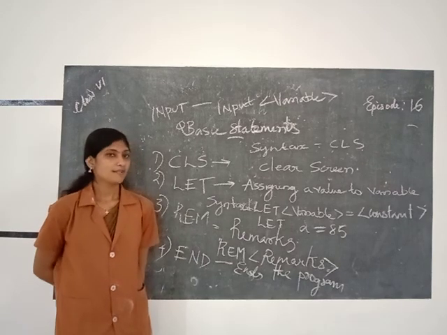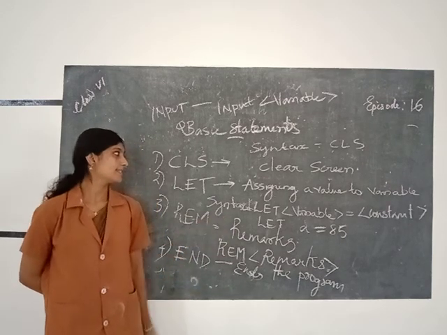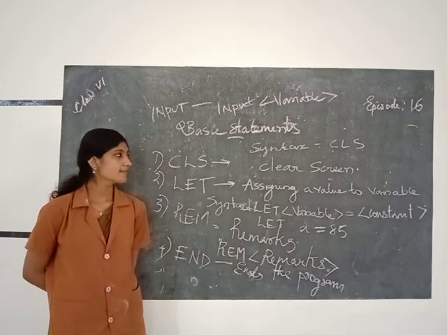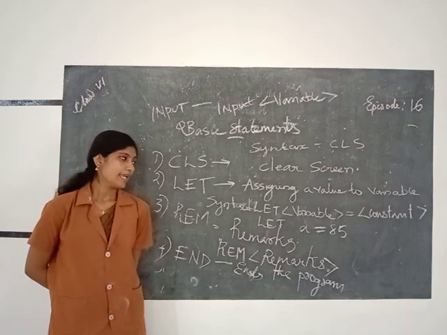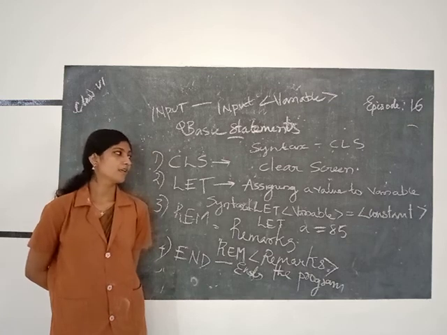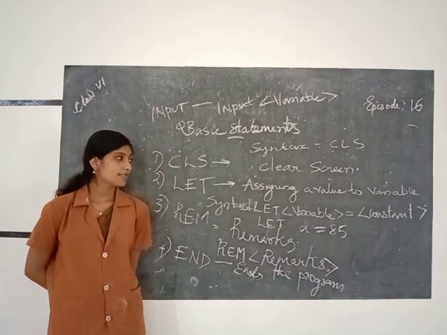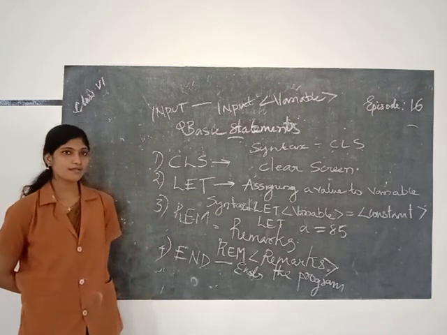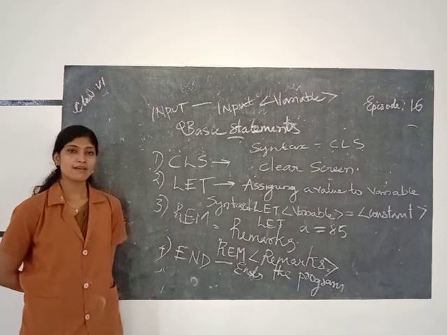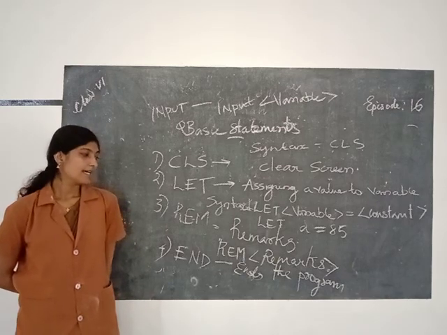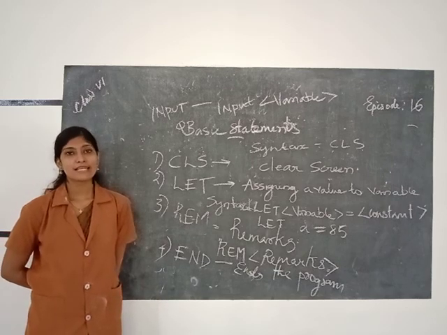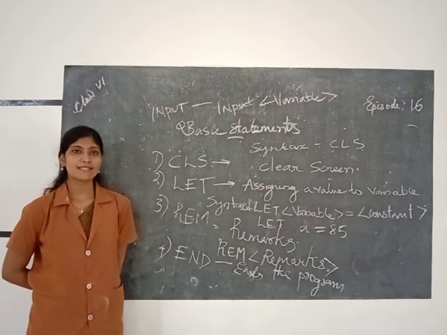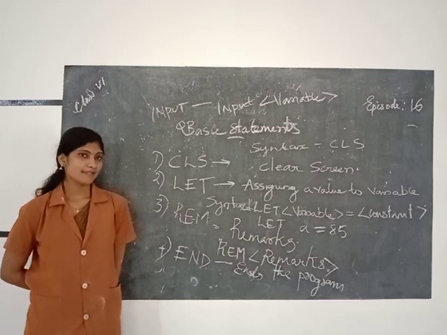So once again, first one, CLS. CLS means clear screen. Second one, LET. What is its syntax? LET, then write the variable name equal to the constant. It means assigning a value to a variable. Third one, REM. REM means remark, and the text written after REM is taken as a comment.